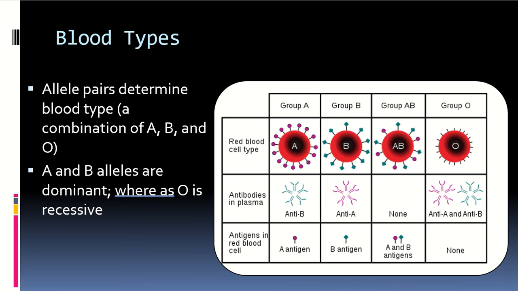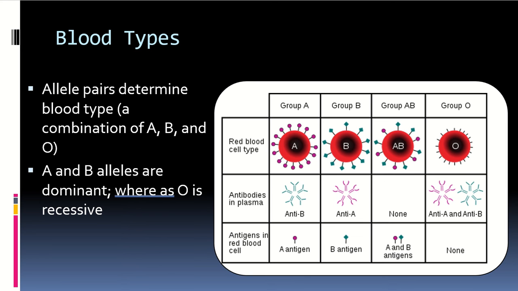If you inherit 2 O alleles, one from each parent, then that is the only way that you could ever have O blood type, because O is a recessive allele. It will only show its trait if it is the only thing that is present.